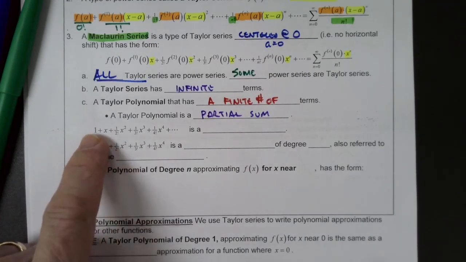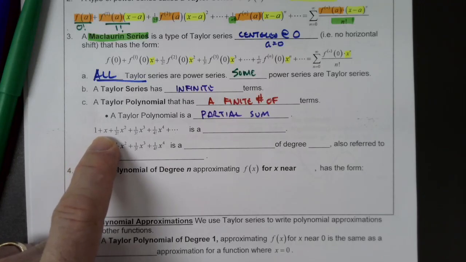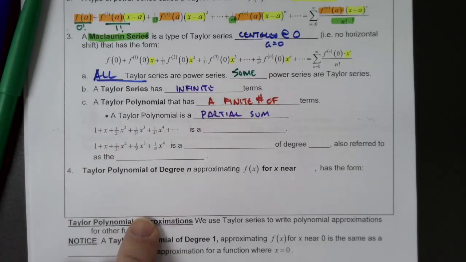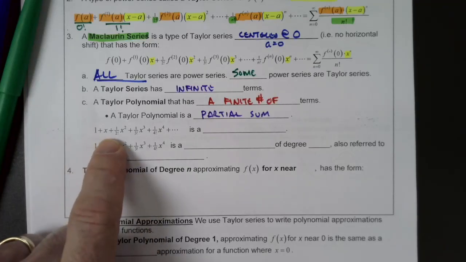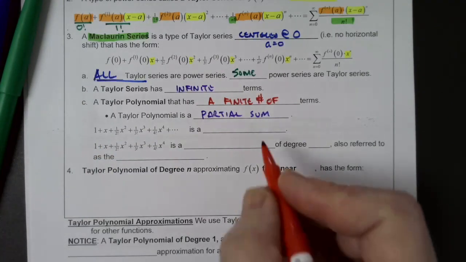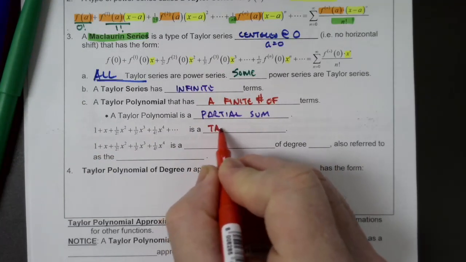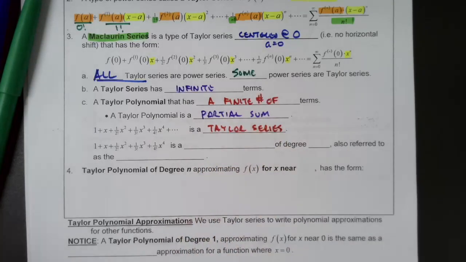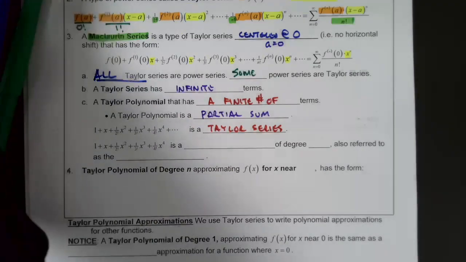So, this one right here, you can see it is a power series. X to the 0, x to the first, x to the second, x to the third, x to the fourth. Because the denominator goes 2 factorial, 3 factorial, 4 factorial, this is also a Taylor series. Why is it a series?